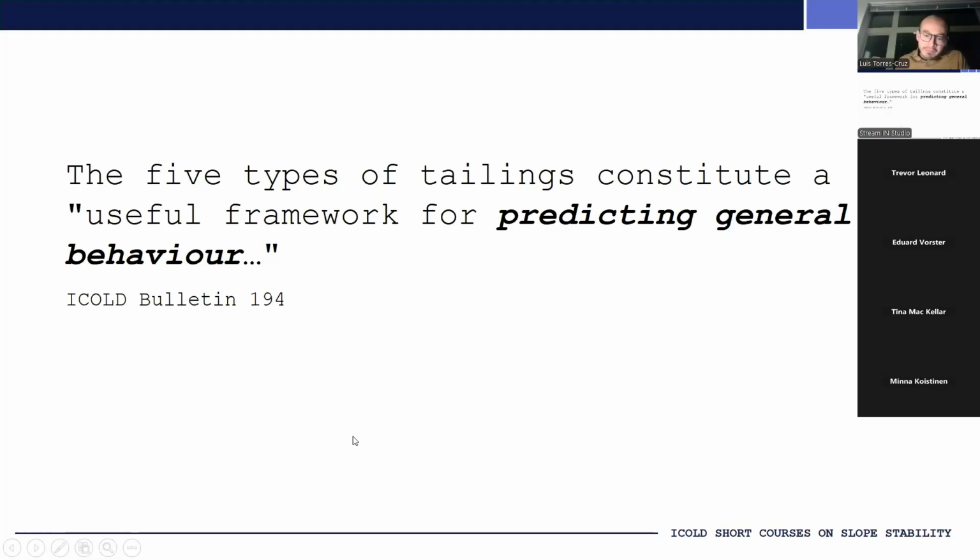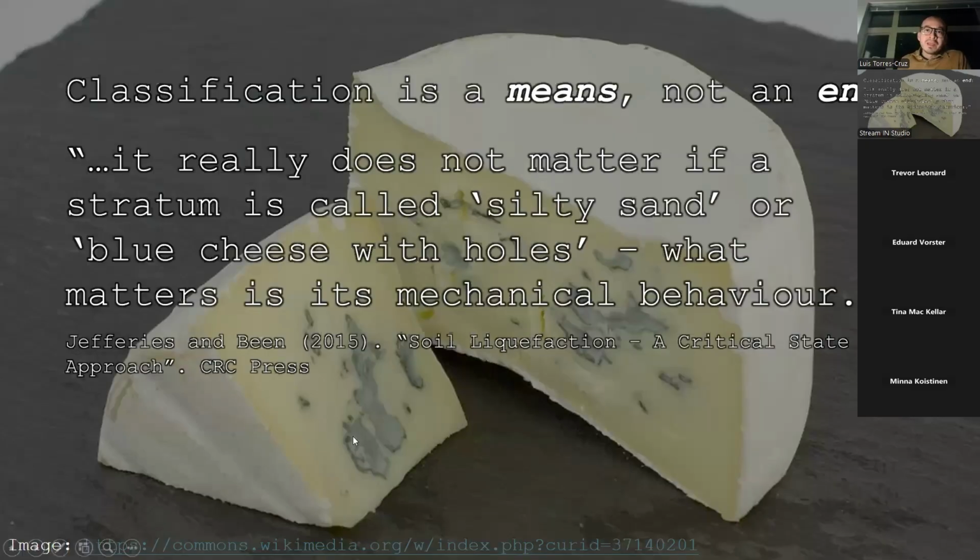In other words, the bulletin is reminding us that classification is a means, not an end. And to drive that message home, I really like this quote from the soil liquefaction textbook by Jefferies and Been, which says, "It really does not matter if a stratum is called silty sand or blue cheese with holes. What matters is its mechanical behavior."